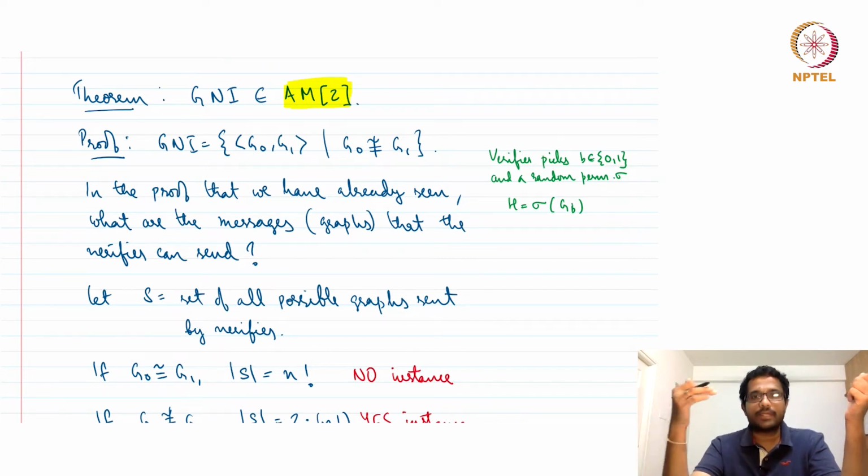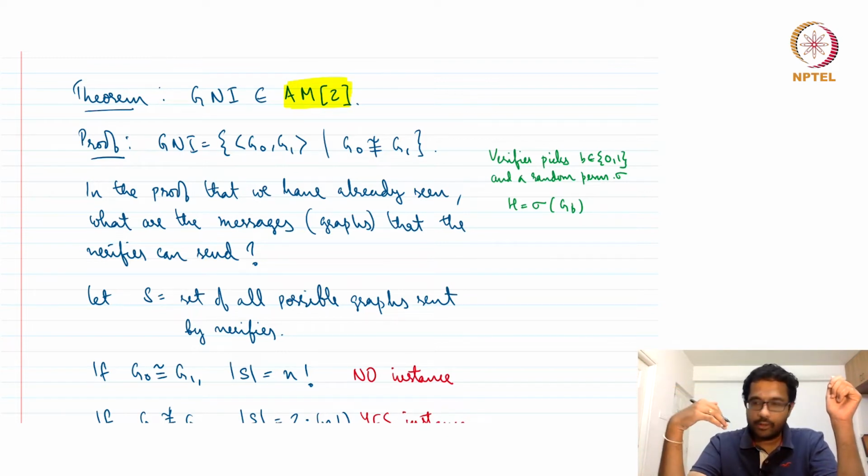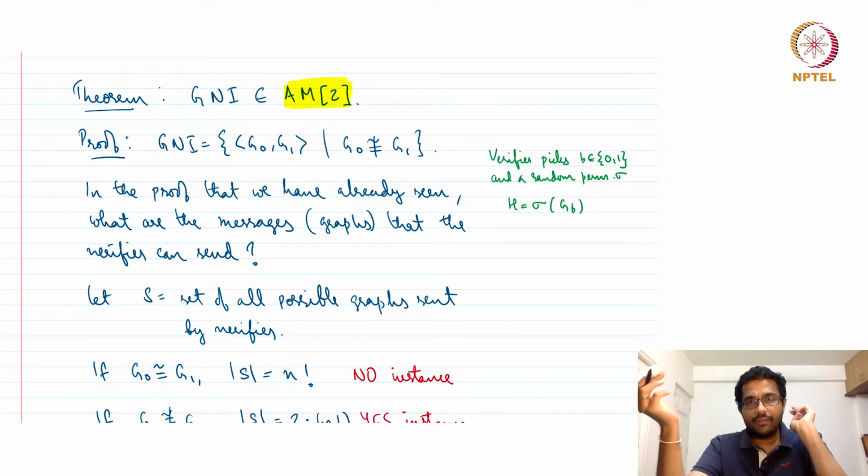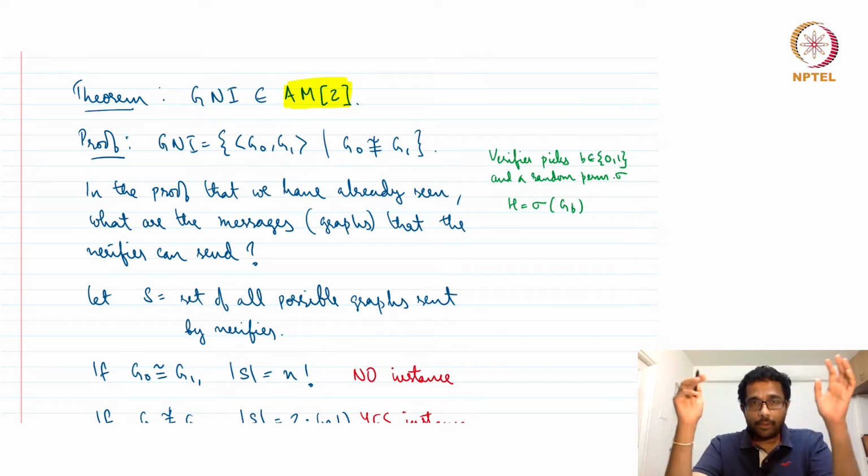That was the principle that we used for the private coin proof system for graph non-isomorphism. So the message that the verifier sends is the graph H. So what are the possible graphs that the verifier could have sent?